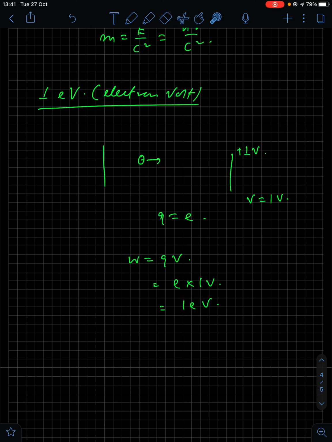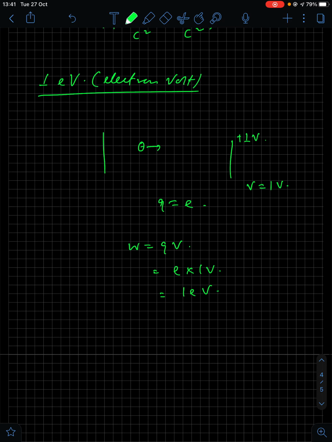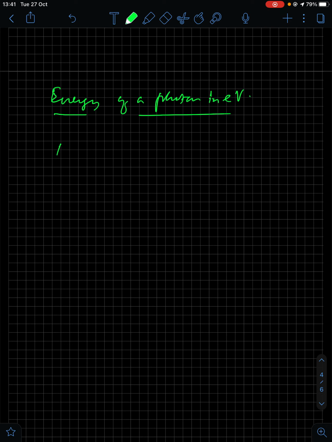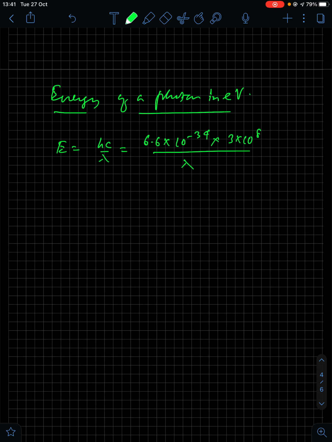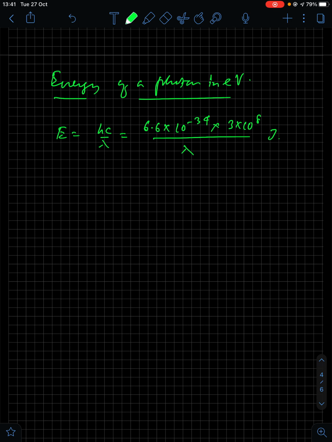So by this understanding, we'll find out the energy of a photon in electron volt. The relation is E equals hc by lambda. The value of h is 6.6 into 10 to the power minus 34, the value of c is 3 into 10 to the power 8, divided by lambda. Lambda will stay as it is. This calculation will get you the result in joule.